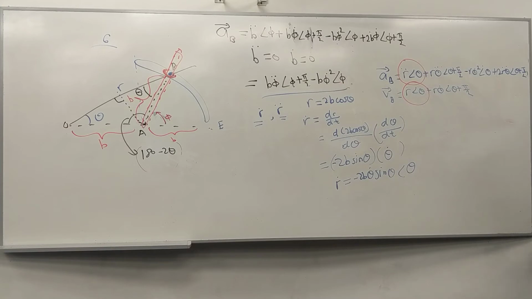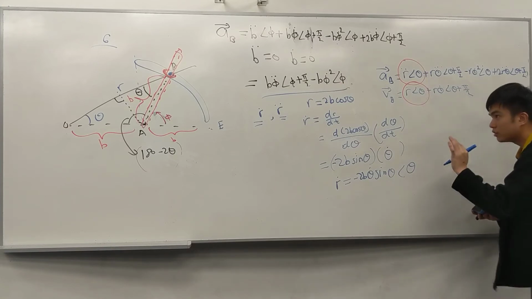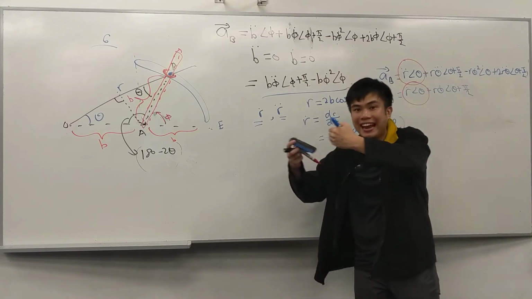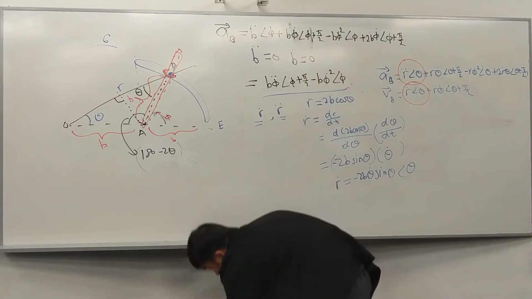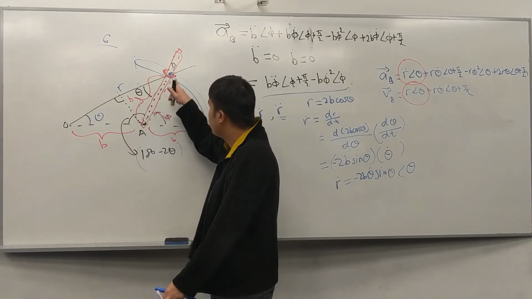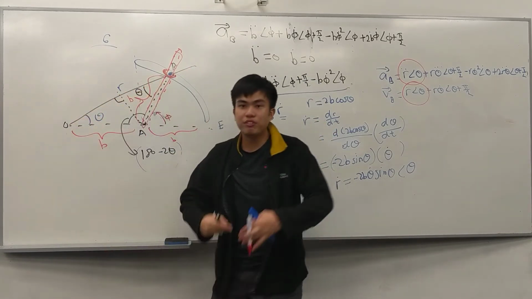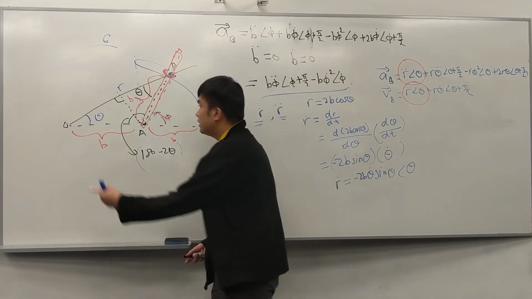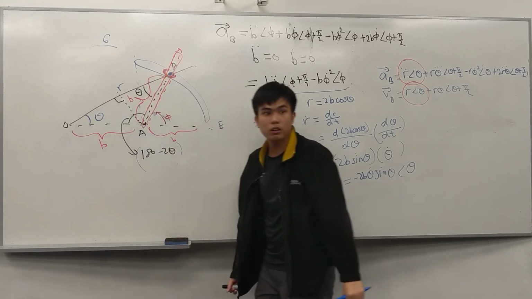Okay? Got it? What's important here is that R dot is just the rate of change of length of the ring with respect to the origin. In this case, we are trying to find the relative velocity of this pin with respect to this pole. So we fit a polar coordinate using this pole and this ring.